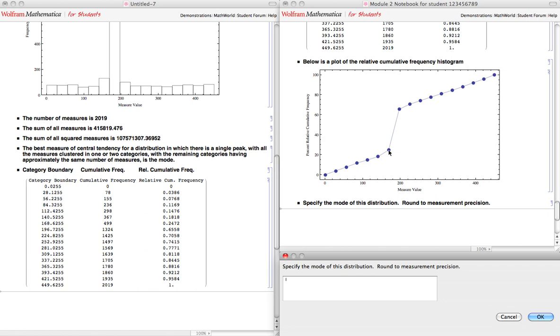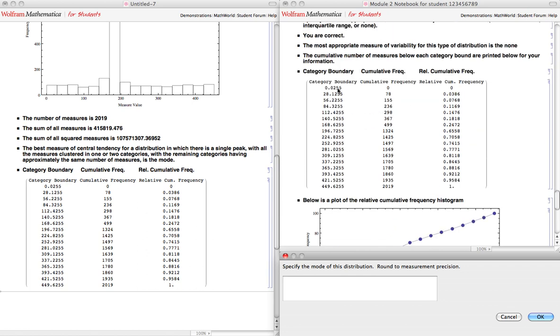The mode is between the 7th and 8th category boundaries. To get the mode, you simply compute the midpoint between these 2 points. So add the 2 points and divide by 2, or simply take their average.